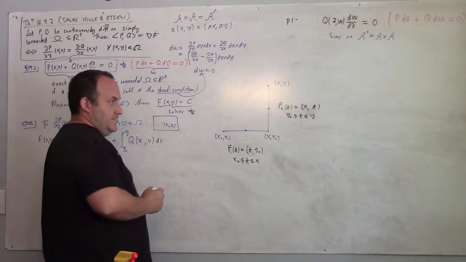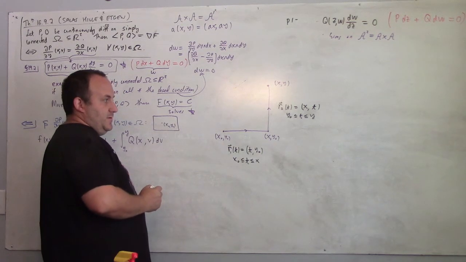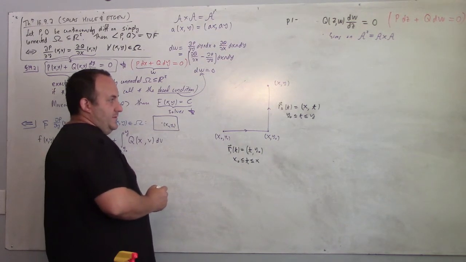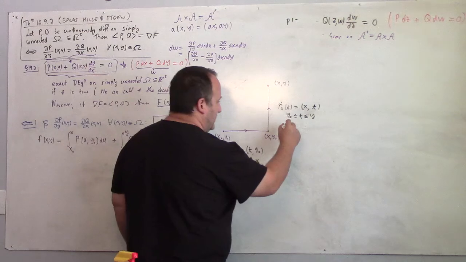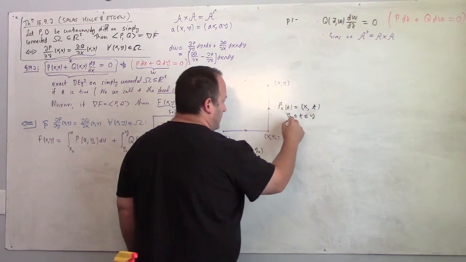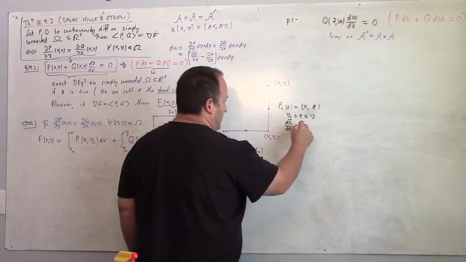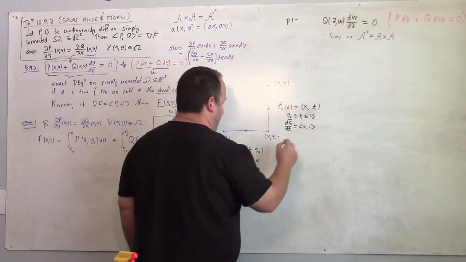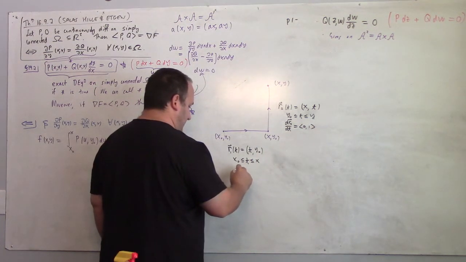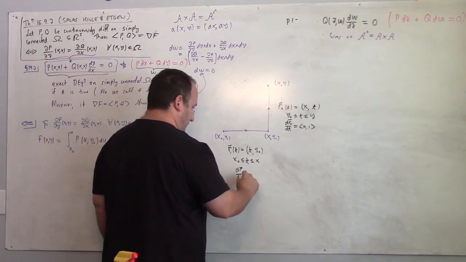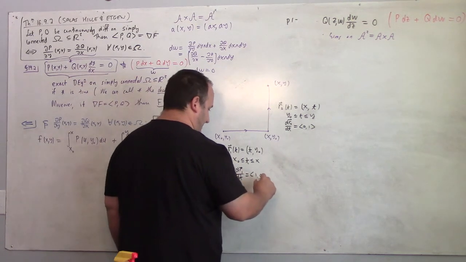Okay. So if you look at dr2/dt, you got 0, 1. If you look at dr1/dt, you got 1, 0.